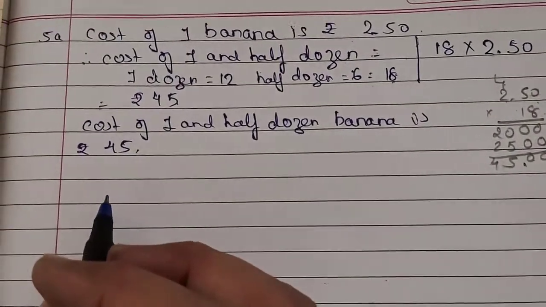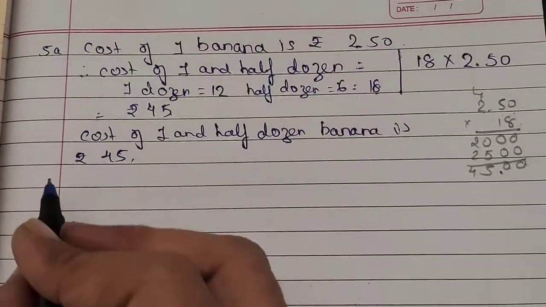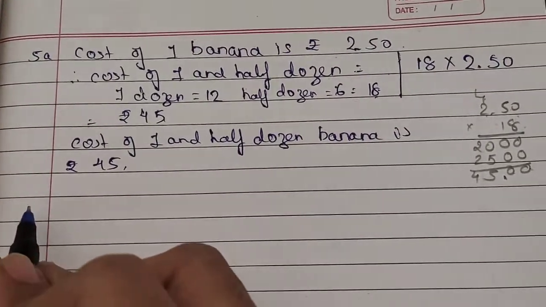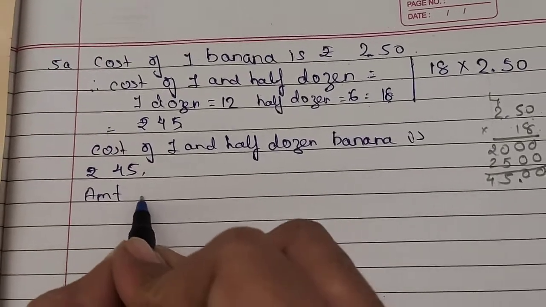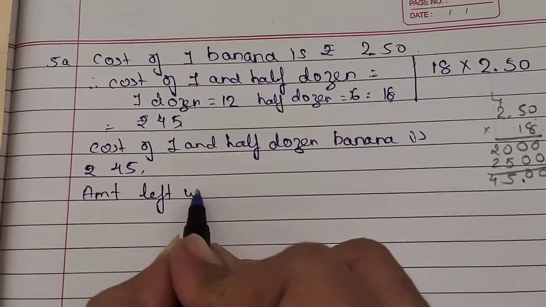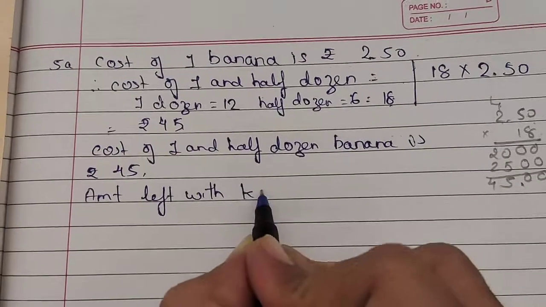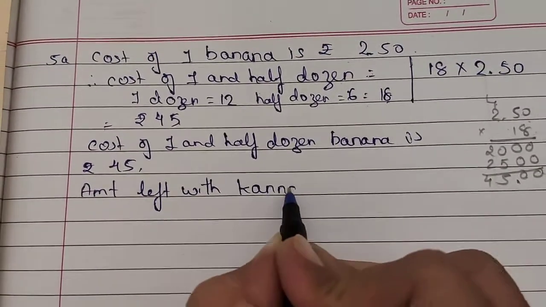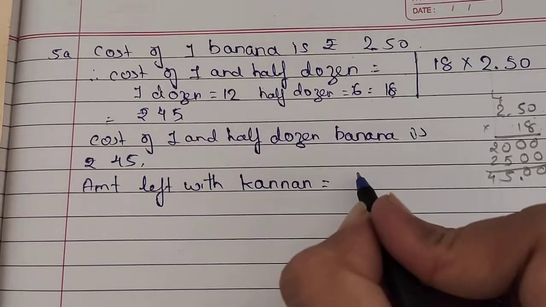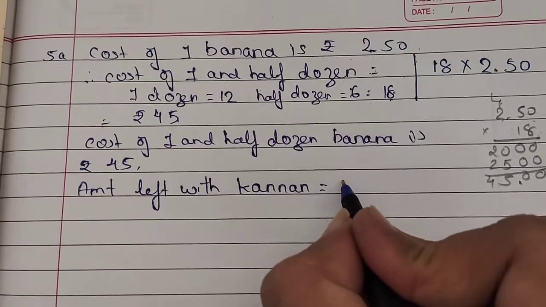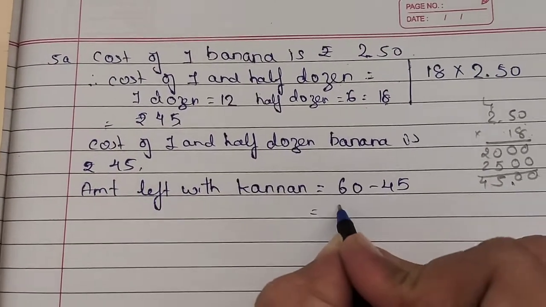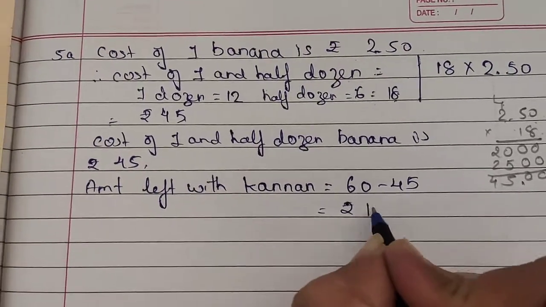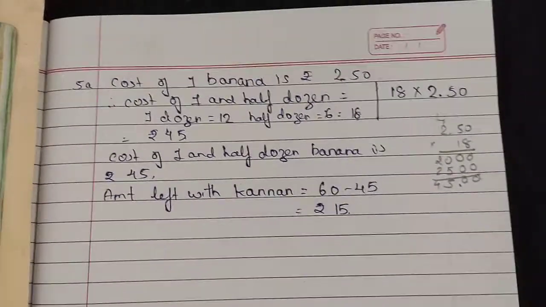Now the amount left with Kanan, that also we are supposed to find. Now the amount left with Kanan is equal to, how much amount was Kanan having? So rupees 60 minus 45 is equal to rupees 15.